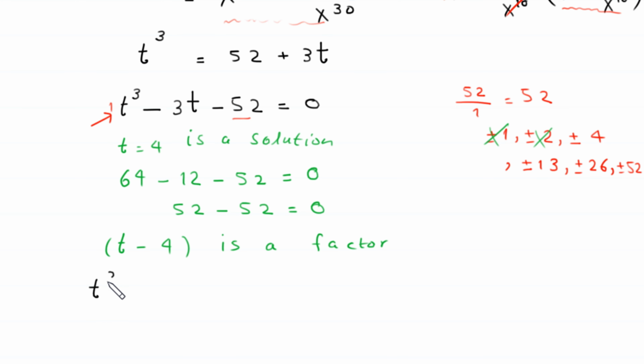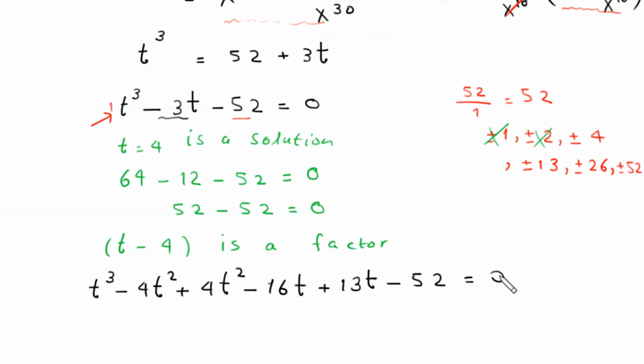t cubed, and we subtract 4t squared and add 4t squared, and we write negative 3t as negative 16 times t plus 13 times t minus 52 is equal to 0.